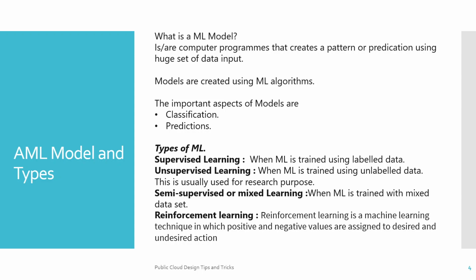Then there is mixed learning as well, where you mix labeled data and unknown data, and then derive something out of it. There is also a concept called reinforcement learning, an ML technique where you decide which results are positive or negative, and then assign value based on the desired action. So these are the different kinds of ML.